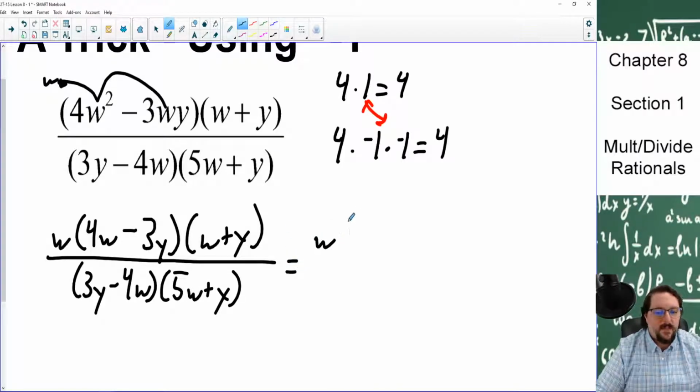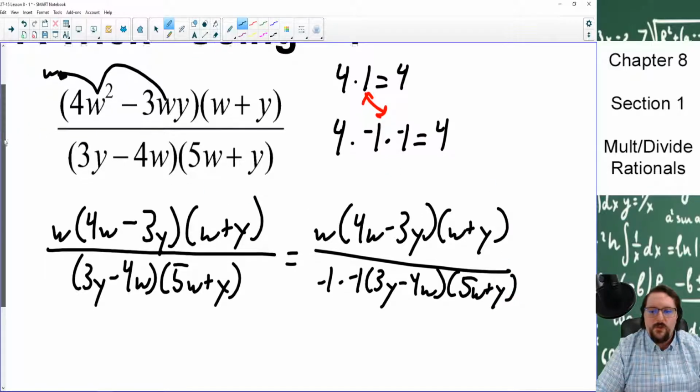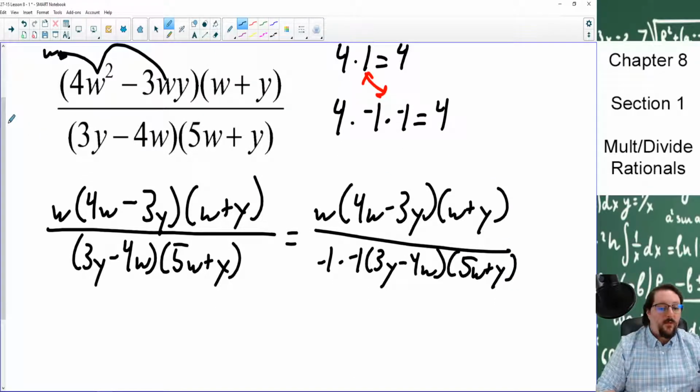My top will stay the same. On the bottom, I'm going to introduce one -1 in front, along with the other, 5w plus y. And now I'm going to choose, because as humans we have the ability to use our pattern recognition to make a choice, to distribute one of these -1's into the part that I want to flip, but not the other.